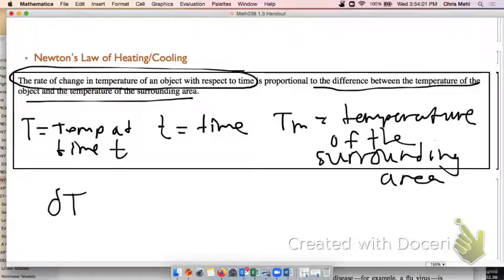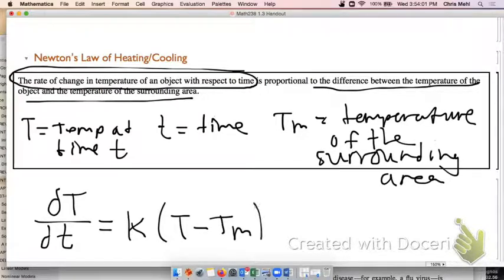So this is saying the rate of change of the temperature of the object with respect to time is proportional, i.e. a constant multiple of the difference of the temperature of the object and the temperature of the surrounding area. Capital T is for sure a function of time t, but the temperature of the medium itself we'll just think of as some arbitrary function of time as well.